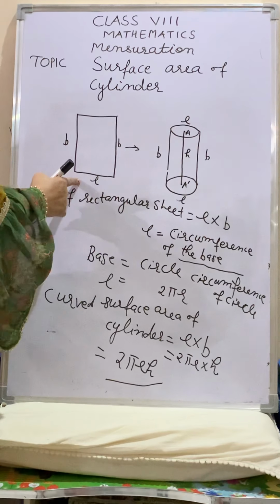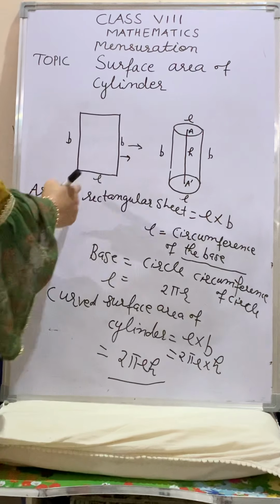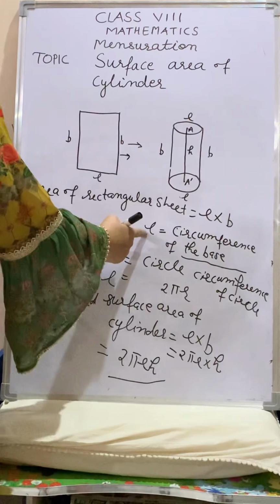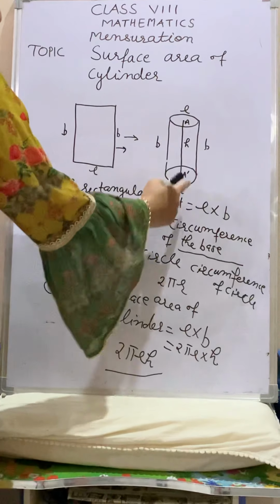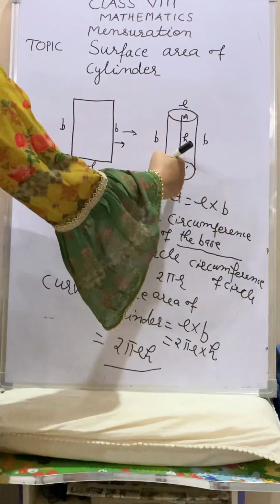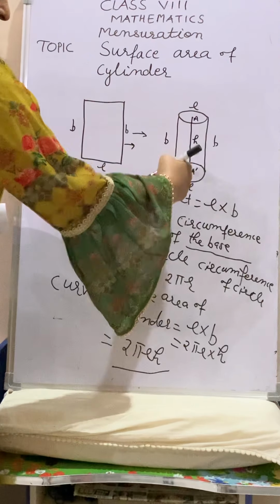L multiplied by B. Because this will be folded in this way, the area will be the same. And what is the L in this cylindrical figure? Circumference of the base. And what type of base is it? Circular. And what is the circumference of a circle?